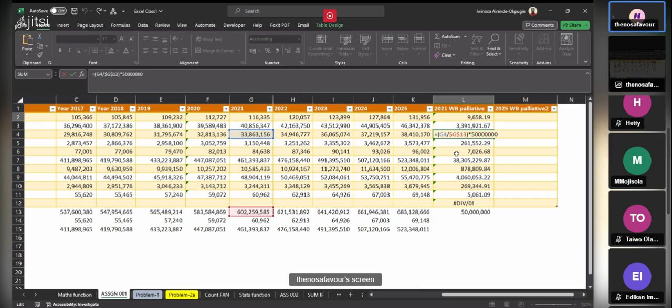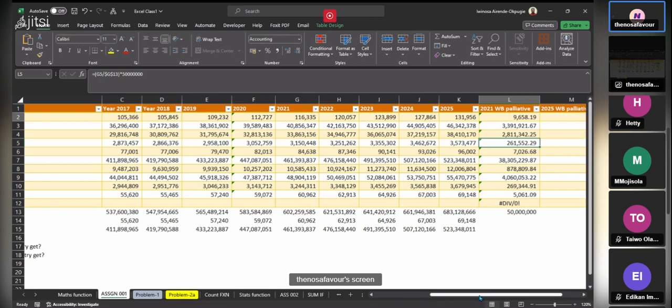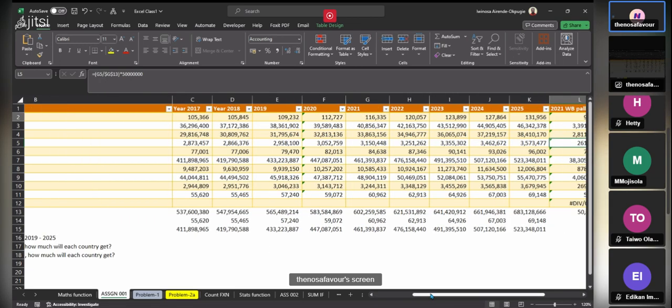All right. So you as the person who is working on the file, you need to know what your end goal is. You need to know what you want to do. So, take for example now, I want to try something else. Assuming we had done, I think that was Taiwo that did something.